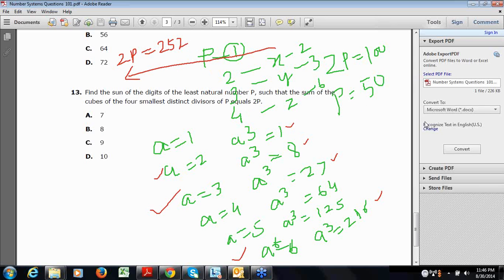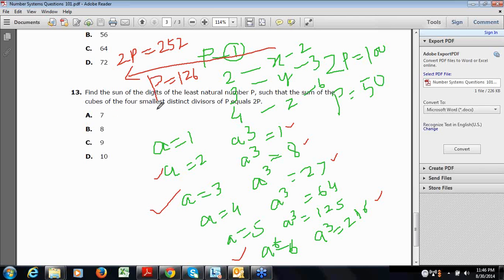The rest is trial and error. You can take 235 also, but you will actually increase one more step. So 252 it will be, and p will be 126. So now 1, 2, 3, 6 are the four least divisors of 126.